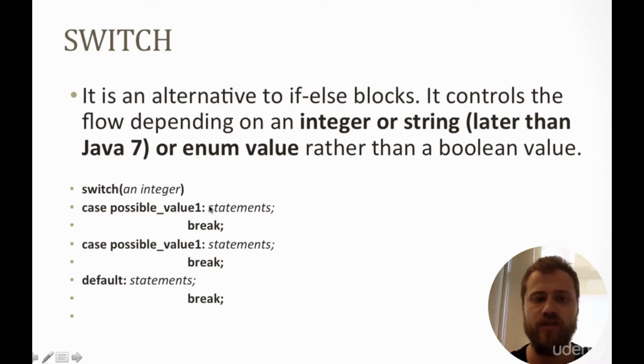So if this case is correct, this code block will be executed until this break statement. If this case is not true, the next case is checked and its code will be executed until its break statement. If all of the cases are false, the default statement will be executed until the break statement.